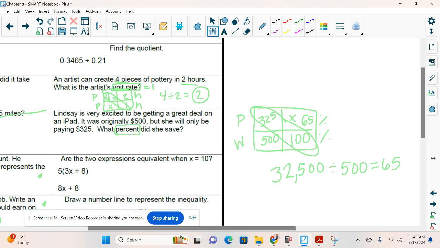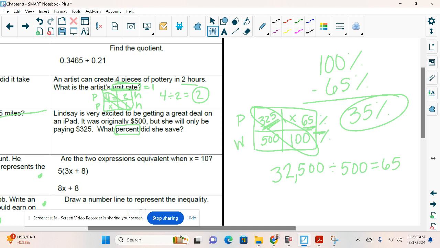Now that's not the answer. 325 is how much it costs right now. So 325 is 65% of 500. This is how much is left. We want to know how much she saves. So if it's 100%, and now she's only paying 65%, how much did it take off? So 100 take off 65, she saved 35%.